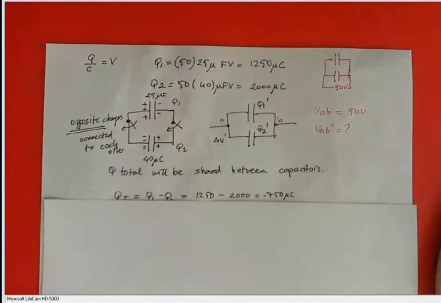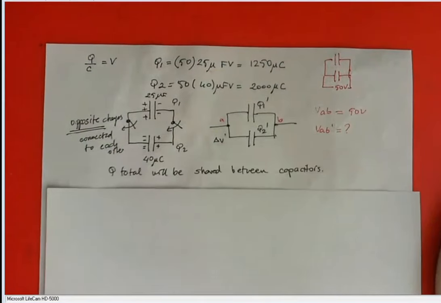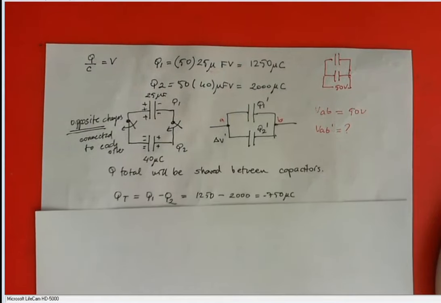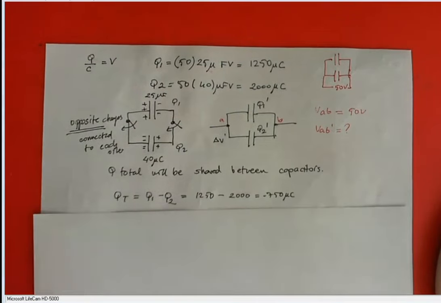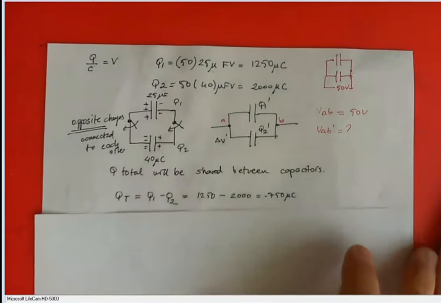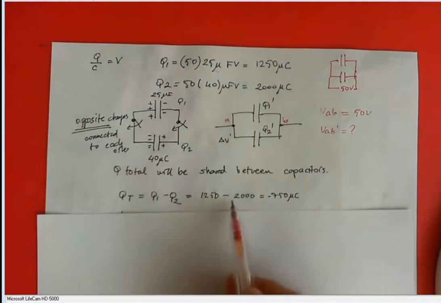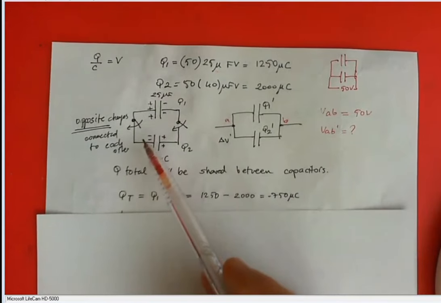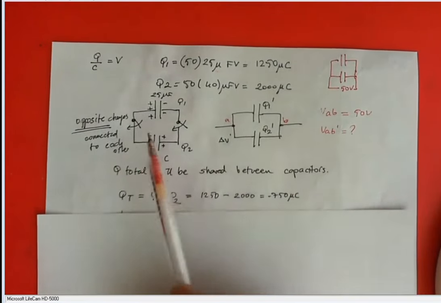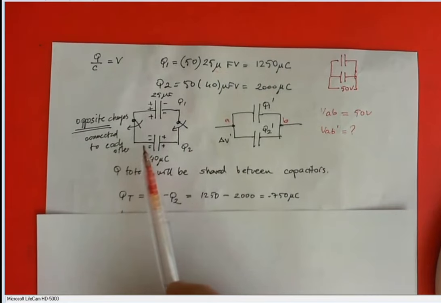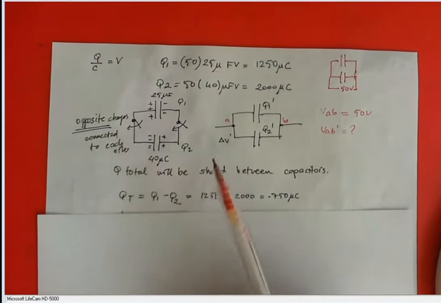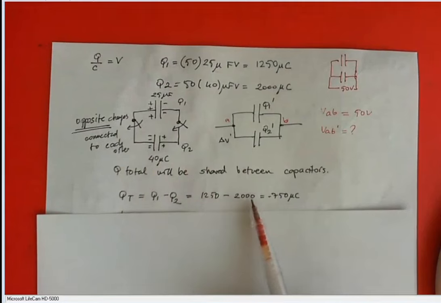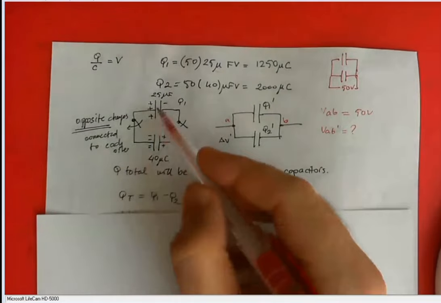All right. So next, the total charge will be shared between the capacitors, and what's going to happen to the total charge? Since they are connected oppositely, they're going to cancel some of the total charge. So 1250 minus 2000, and it is minus 750 on the side.